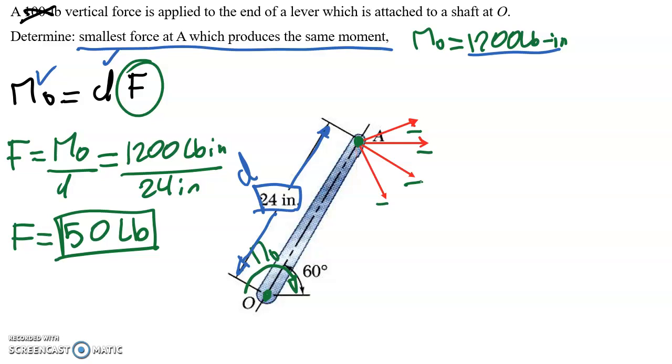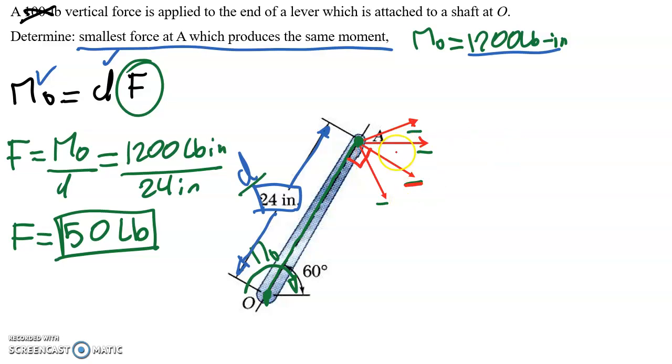However, let's recall the basic statement for moment. It will be the force that has a perpendicular distance to an application point. So the force we use must have a 90 degrees correspondence to the distance D, or in this case, to this lever. From all of the forces that I drew in here, the only one that actually has that 90 degrees correspondence is going to be this one.